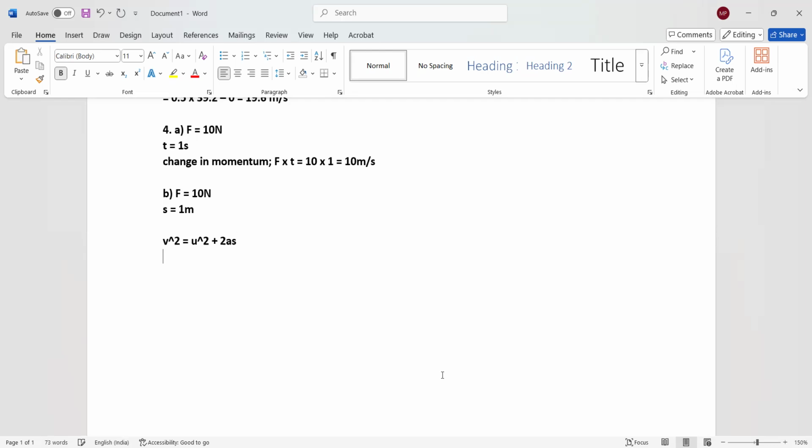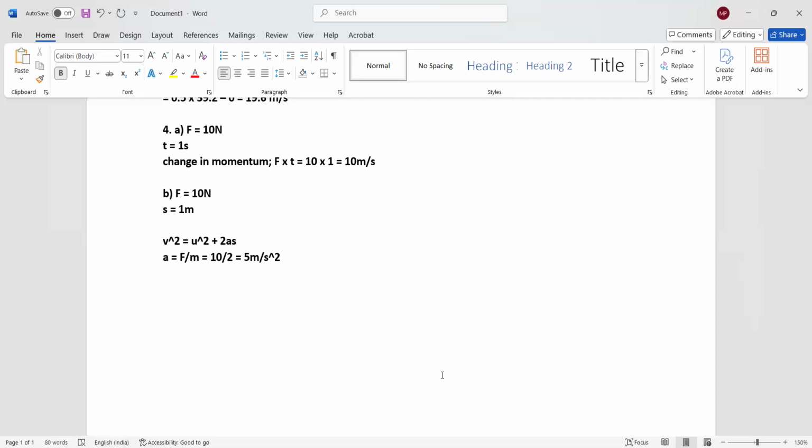From this equation, we can say A is equal to F by M. That is F is 10 and M is 2, which is equal to 5 meter per second square.